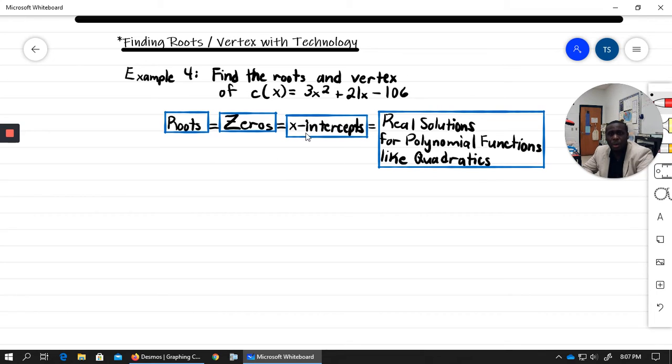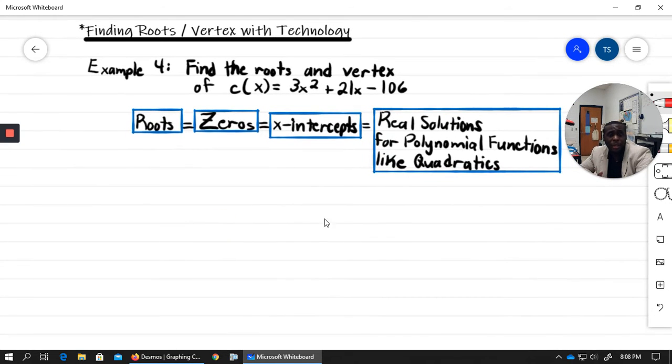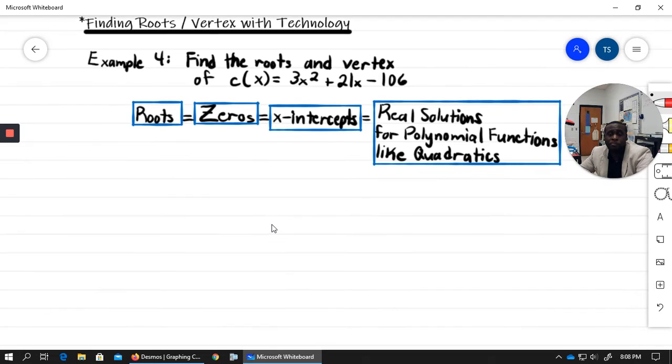But again, we're talking about the x-intercepts. So, for this example, which I made up: find the roots and vertex of c of x equals 3x squared plus 21x minus 106.